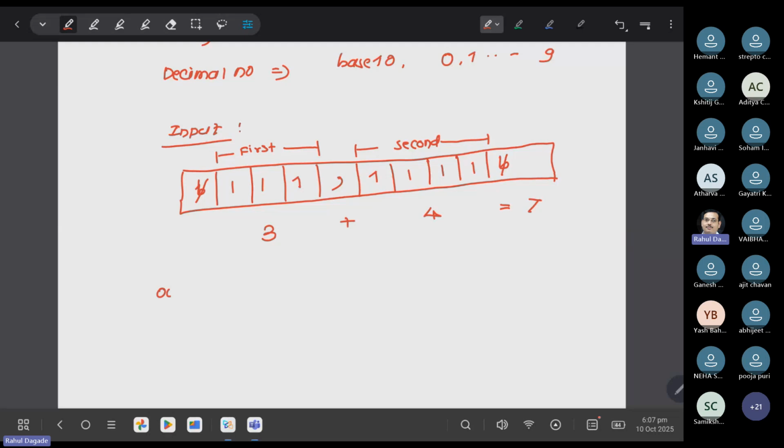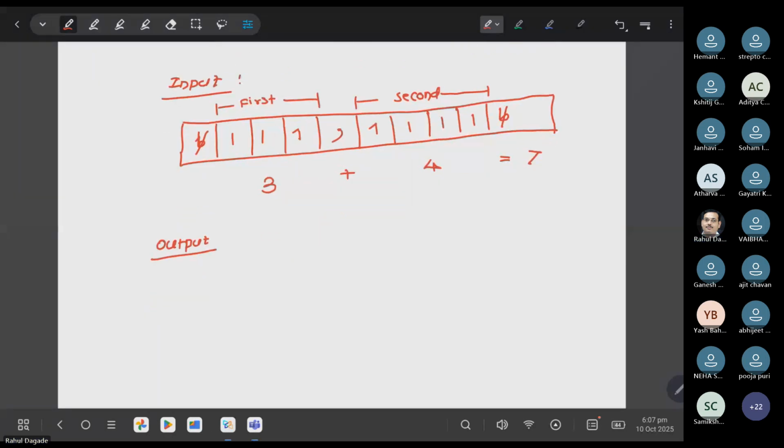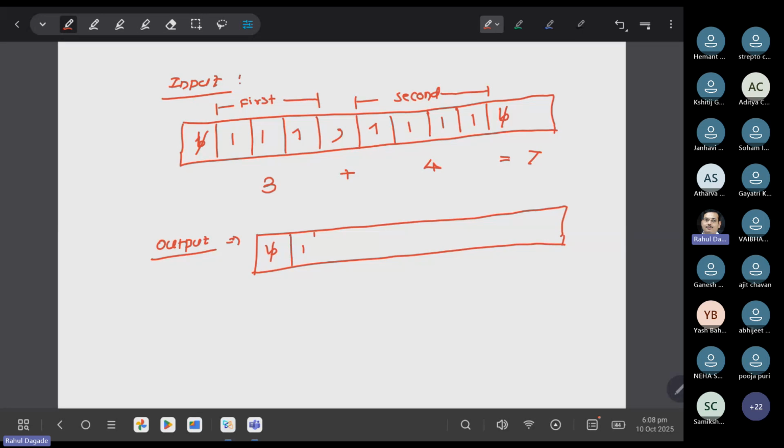So what should be our output? Our output should be like this: on tape you have 7 ones, 1 2 3 4 5 6 7 and then blank. So this is our output.